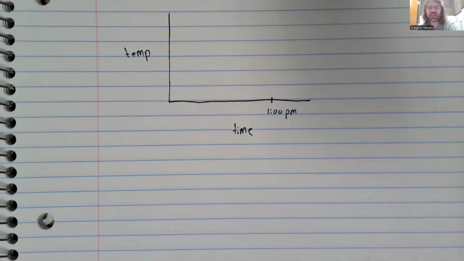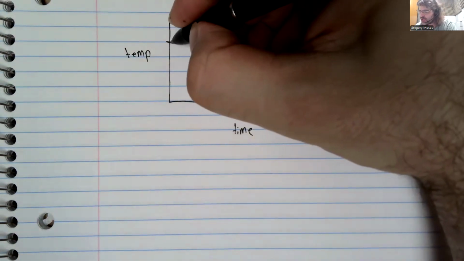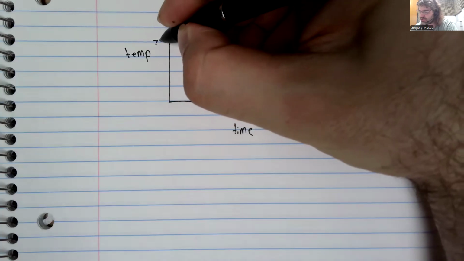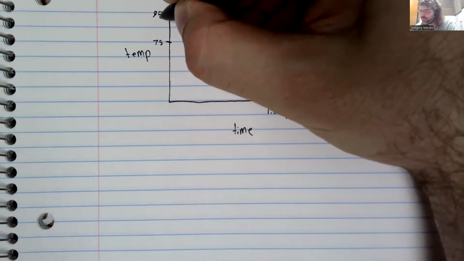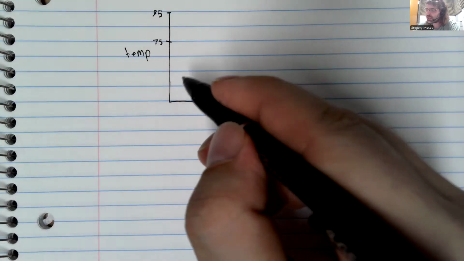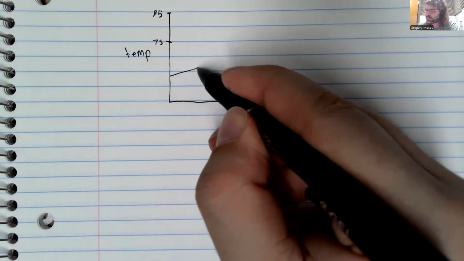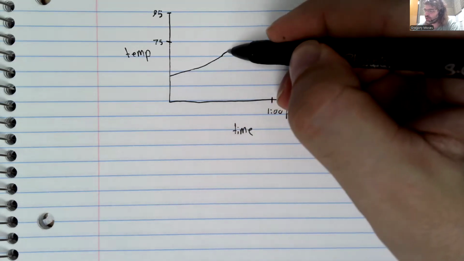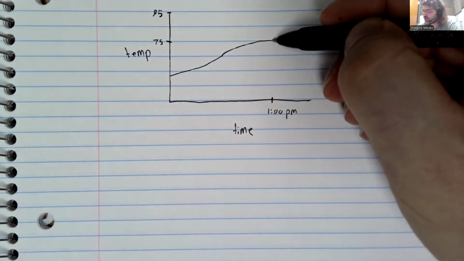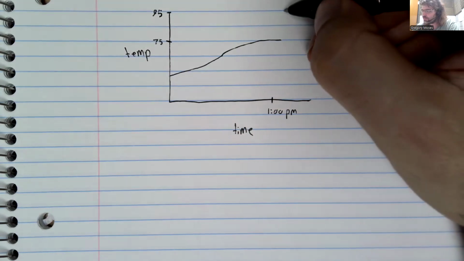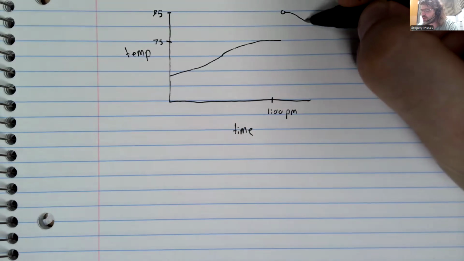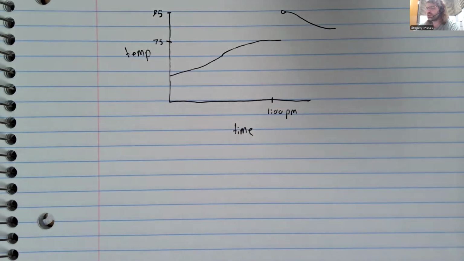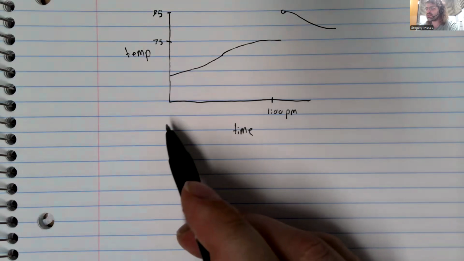And I'll put 1 p.m. there. And on the y-axis, I'll mark 75 and 95. And suppose I told you that the graph of the temperature function looks like this.